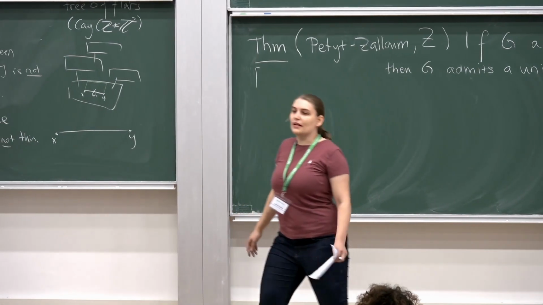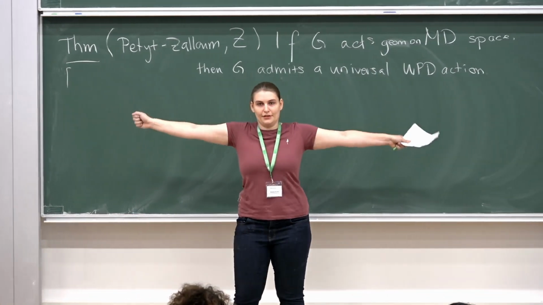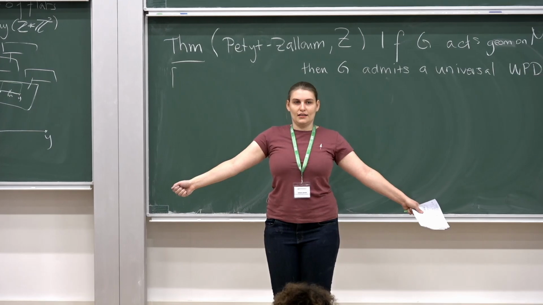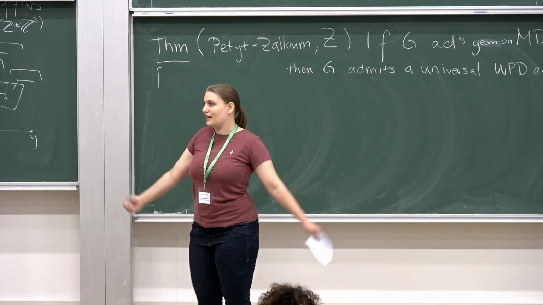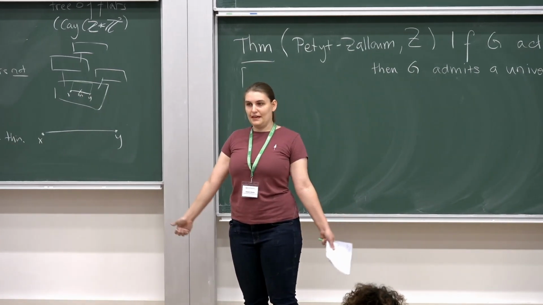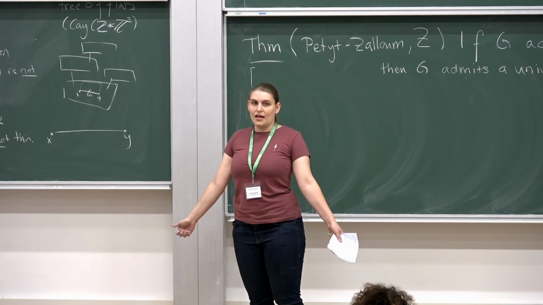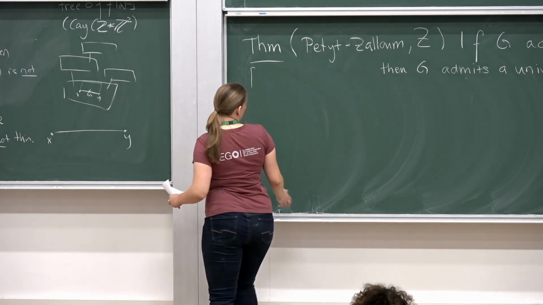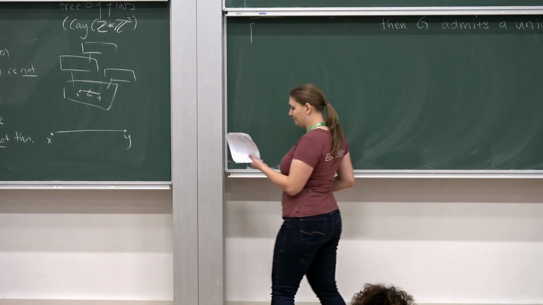So we can ask ourselves, if we have two points in faraway flats, what happens then? Is the geodesic between them thin? And the answer is, sometimes it's thin, but we have the following problematic situation.